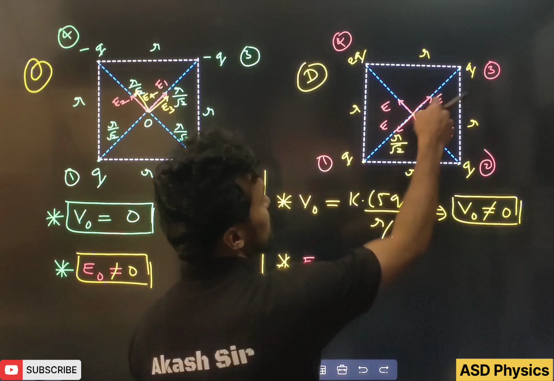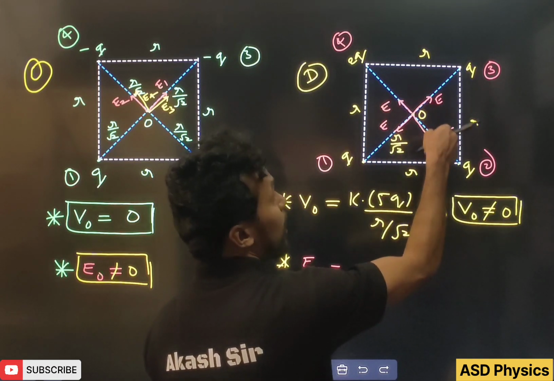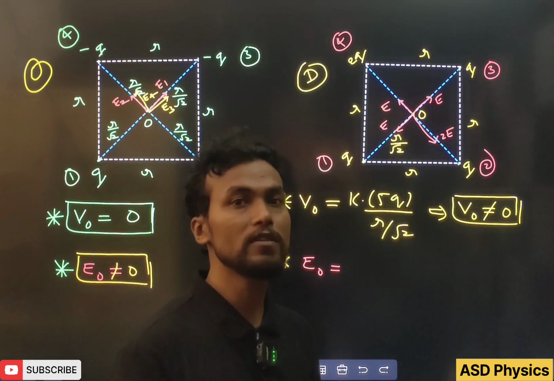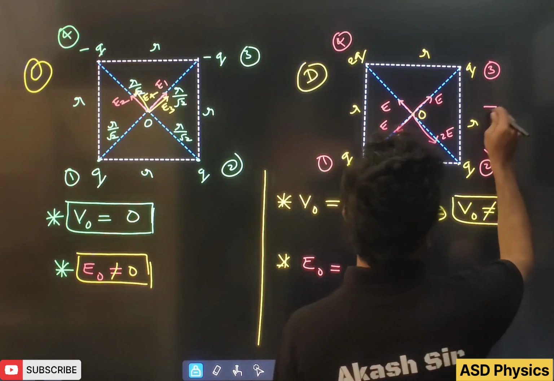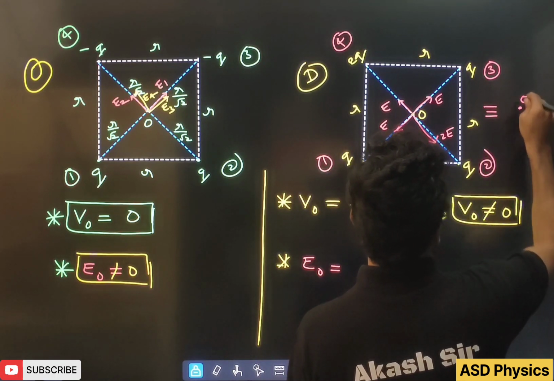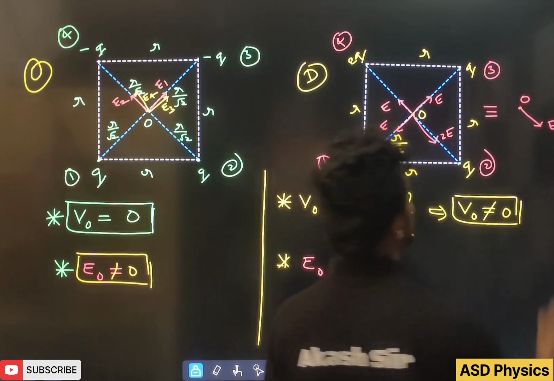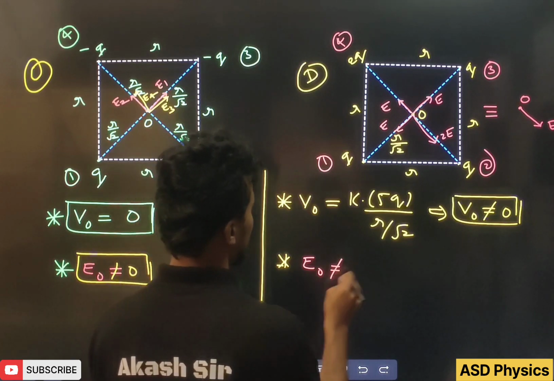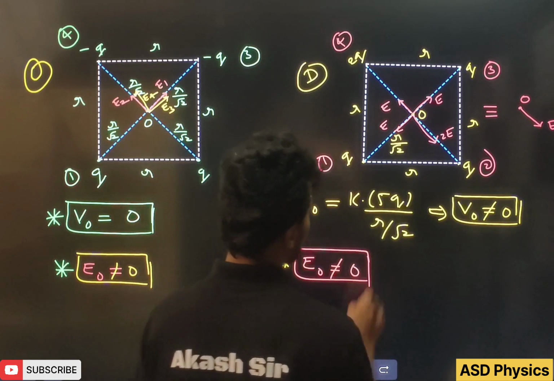So you know what will happen here? This E, this E, this E, and out of 2E, 1E will cancel out, and only 1E will be left. Again I am telling you, the electric field at point O in this direction will be E. So anyhow, the electric field is not 0.